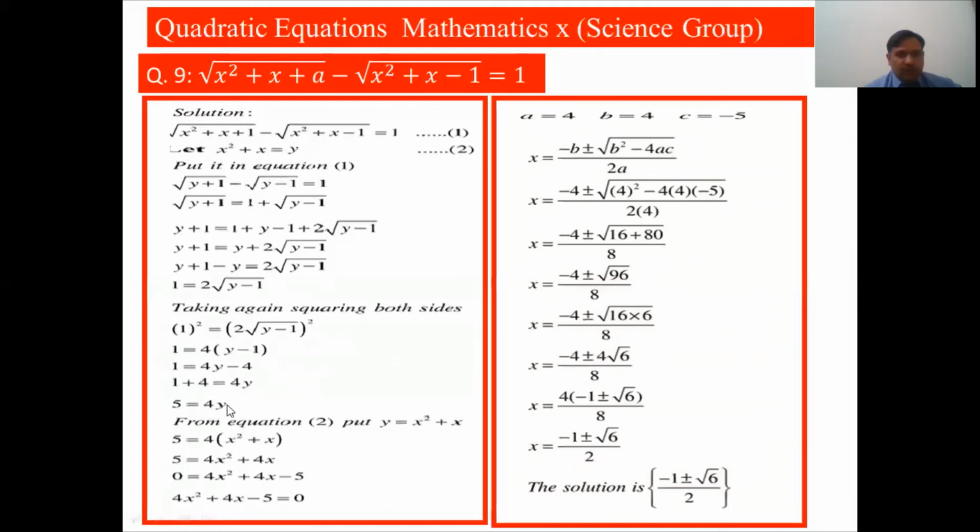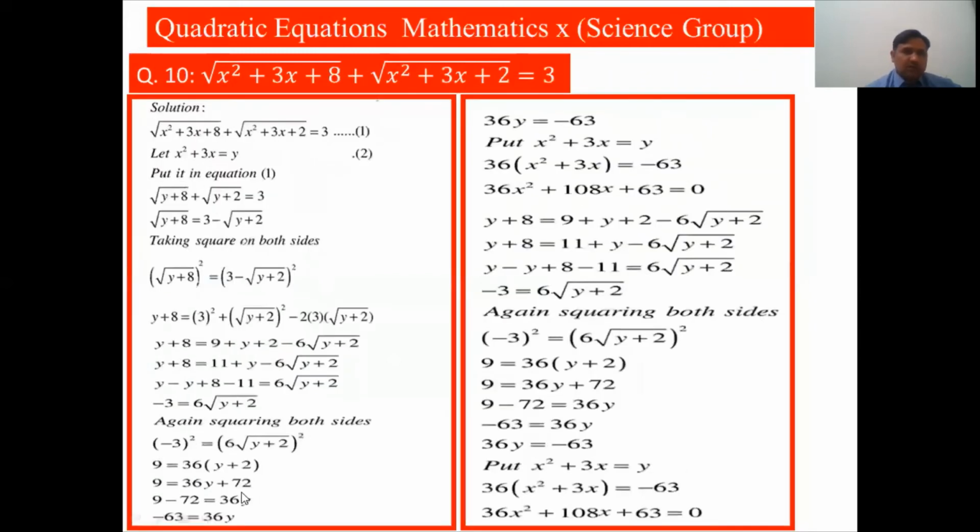So now we just have to put the value of y in this expression. So putting y is equal to x square plus x, we have 5 is equal to 4 into x square plus x. So we have to multiply this with 4, giving 4x square plus 4x. So we have to shift this term to the right hand side of the equation. So 0 is equal to this, or this is equal to 0. This is the same.